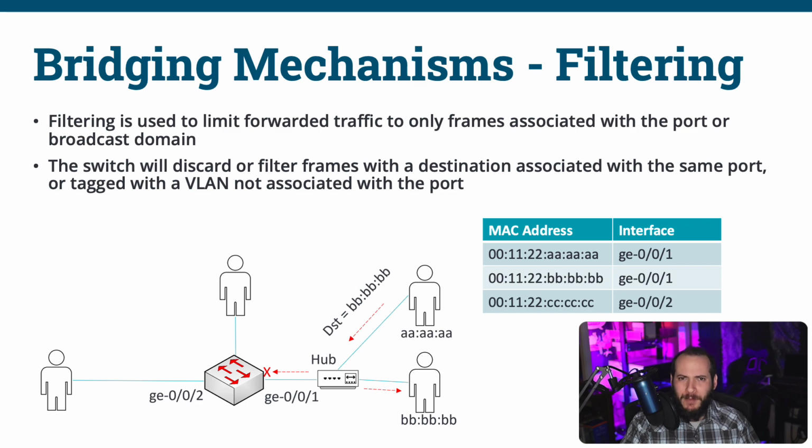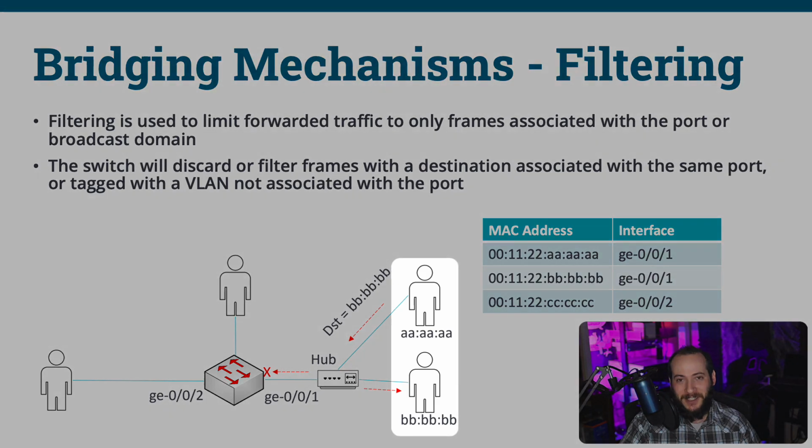Additionally, if a frame is received by the switch and the destination MAC address is known to be reached on the same port the frame was received on, then the switch will also filter that frame by default. In our illustration below, we see how a situation like this could occur.